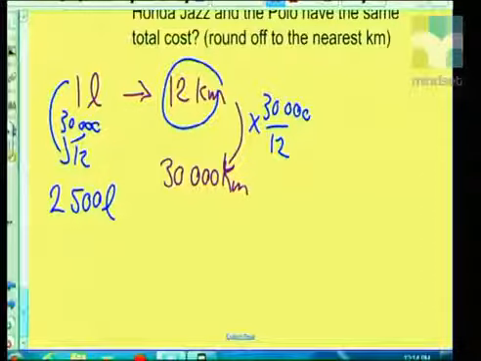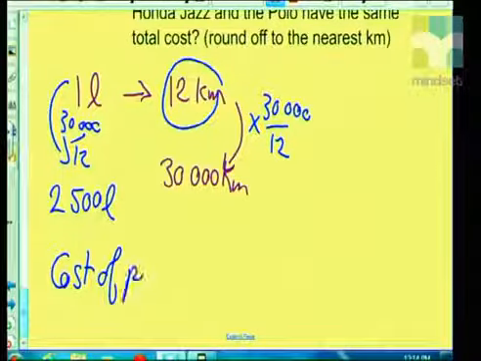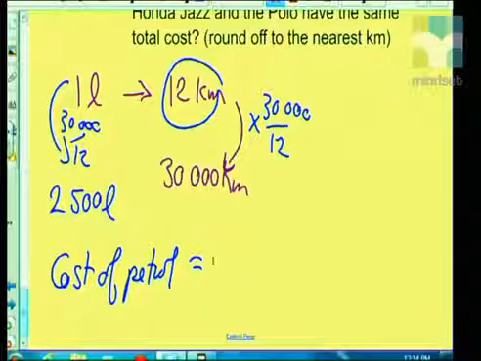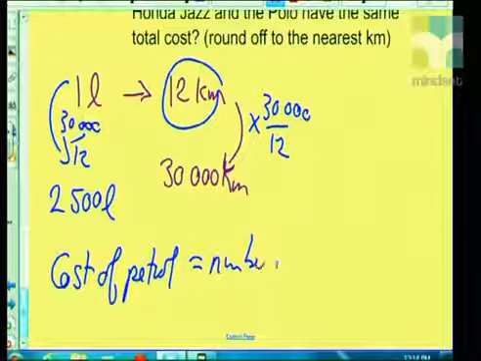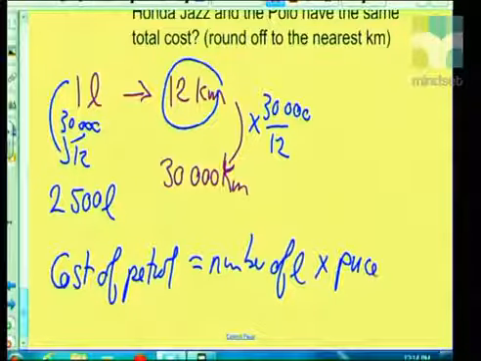Now remember, I said to you, you're going to have to use the price of fuel when you're doing this particular section. Go and find out what it is. For me, I'm going to round it off to 13 rands per litre. So the cost of petrol is equal to the number of litres multiplied by the rate or the price per litre.